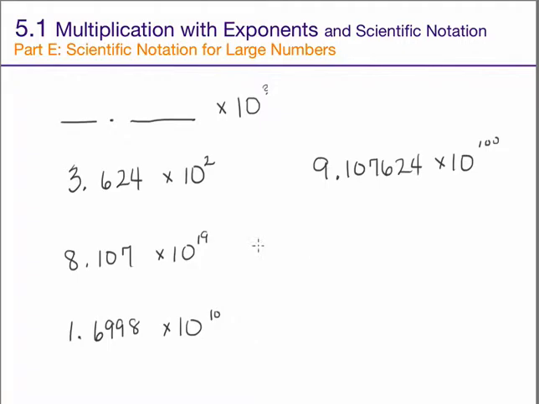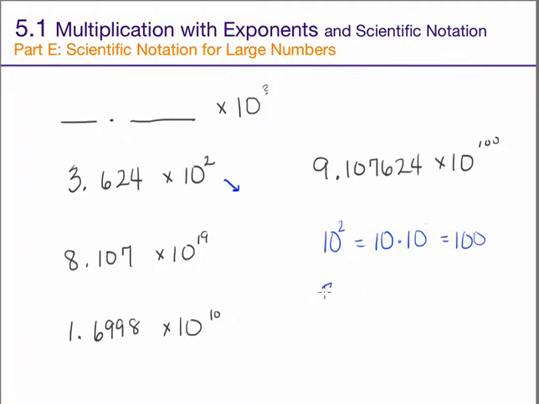So these are numbers in scientific notation, but what does it mean? Scientific notation is a standardized way to write large numbers. The number 10 to the 2, which means 10 times itself 2 times, is 100.